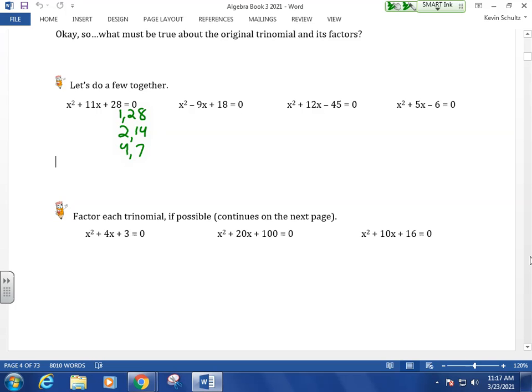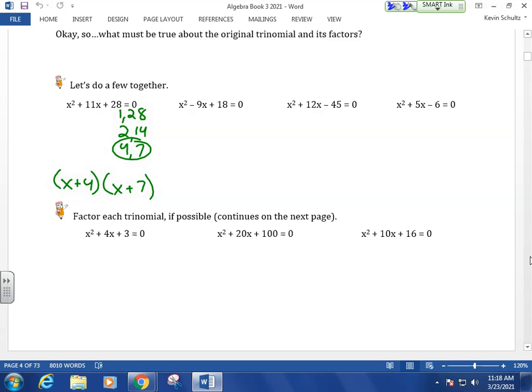Noah? 4 and 7. So, the two binomials that are going to multiply to equal x squared plus 11x plus 28, they're both going to start with an x, because that's how I get that x squared term. But then one of them gets a positive 4, and the other one gets a positive 7. See how this matches up here, right?